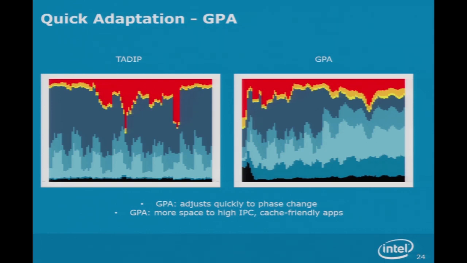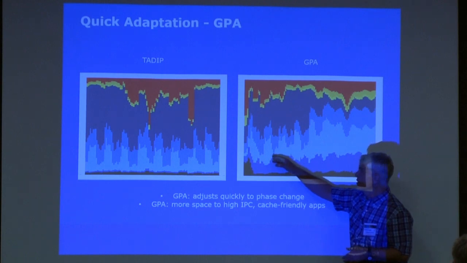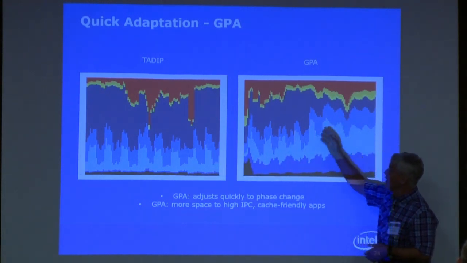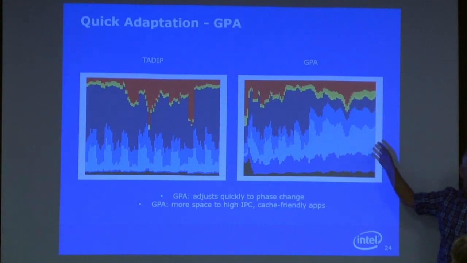And so we have hardware that we call the gradient placement algorithm. This is without it, and this is with it, and of course this only makes sense if you also look at the slide showing how this results in better performance.